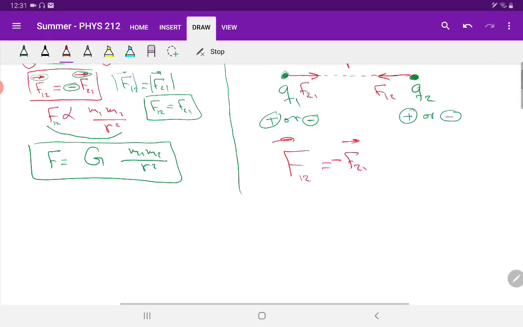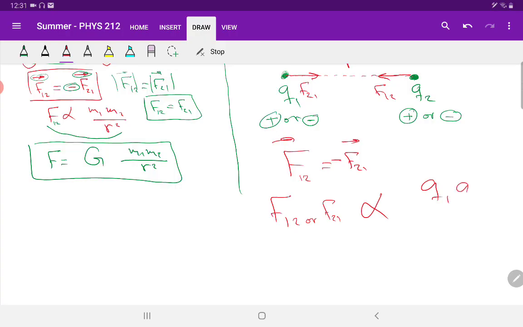Now, these two forces, F12 or F21, are proportional to Q1 and Q2, and that makes sense. More charge, stronger force, more interaction. So the force that we are describing at this moment, let's choose F12, is proportional to Q1 and Q2, and that's not the only parameter.